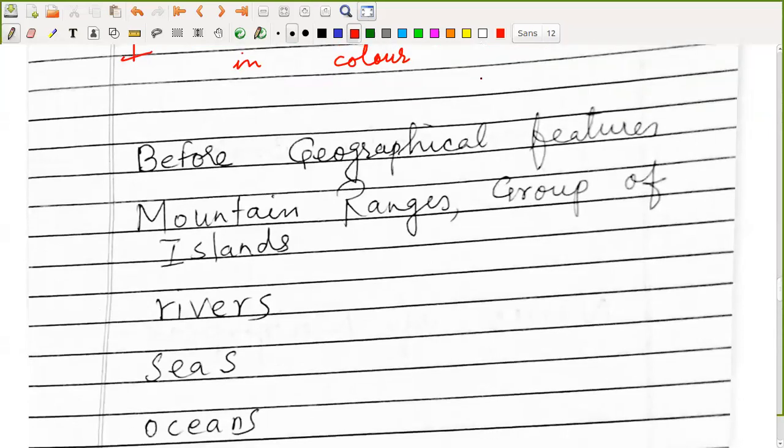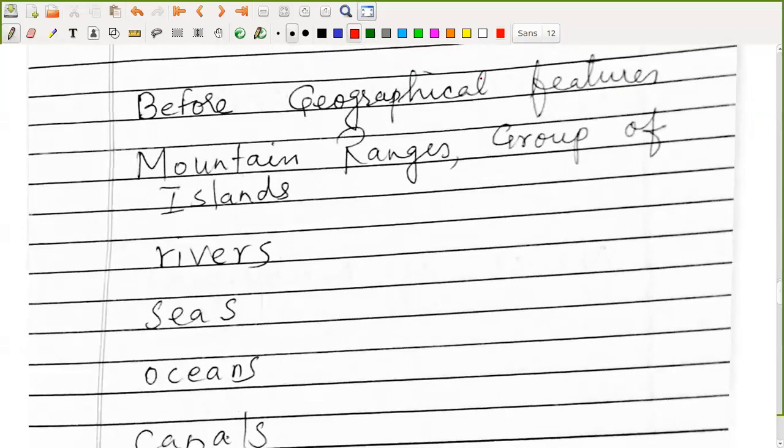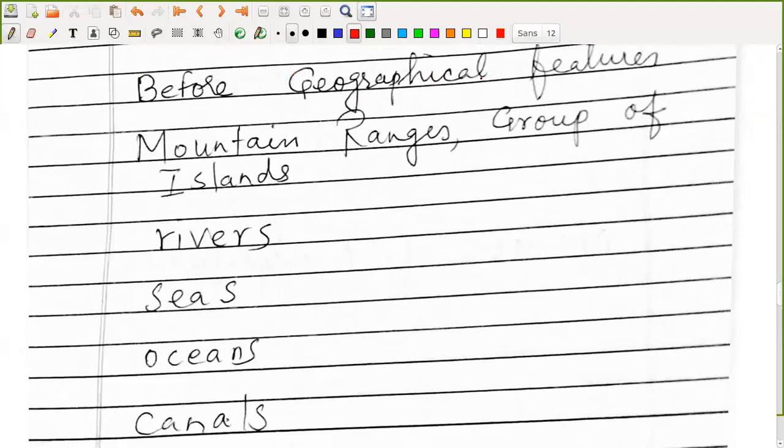Then before geographical features, before all geographical features, you use the. Like mountain ranges. Can you give an example where the is used before mountain ranges?